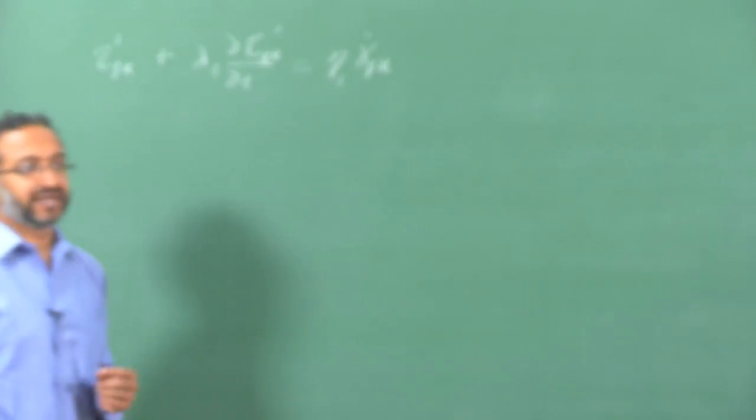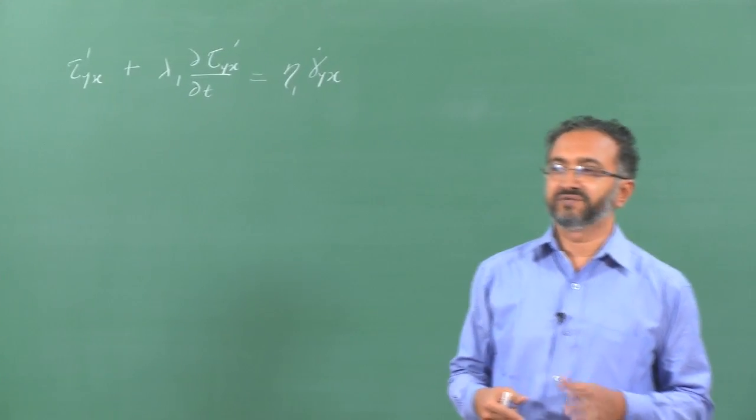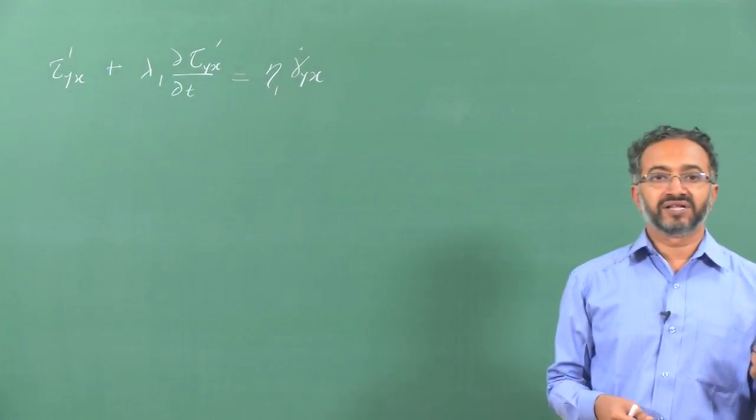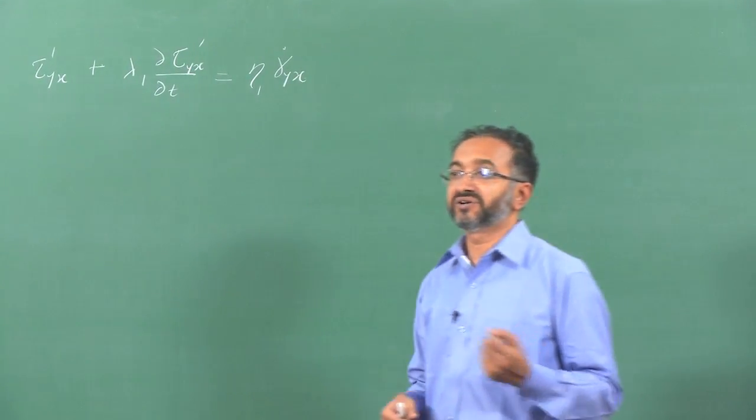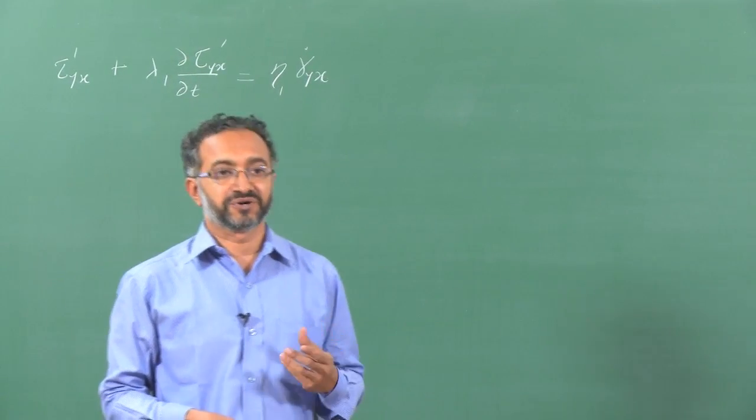So, the idea is that the material is being imposed the same strain rate which is gamma dot yx, but there are several relaxation processes or relaxation modes in the material, and each of them gives a stress contribution.